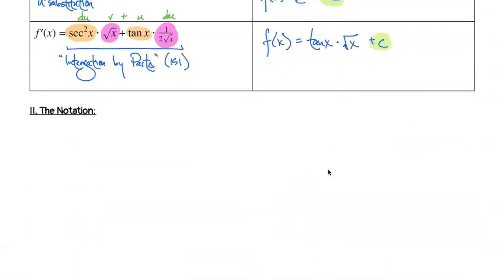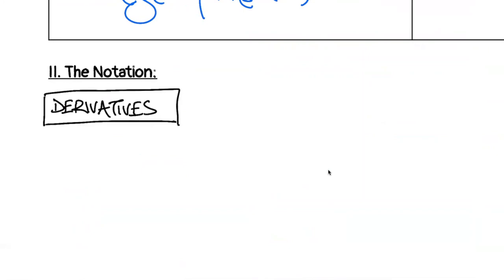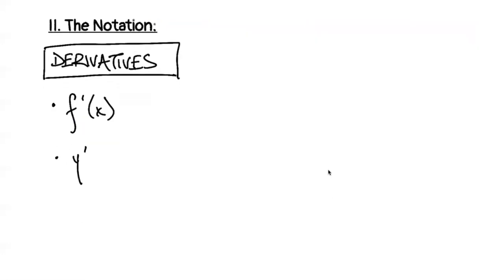All right, so let's talk about some notation. So let's review what we have for derivatives. We've learned a lot of different notation for derivatives. And so here are some of the ones that we've seen. F prime of x, we use that one a lot. Y prime, we use that one. Sometimes we do dy dx.